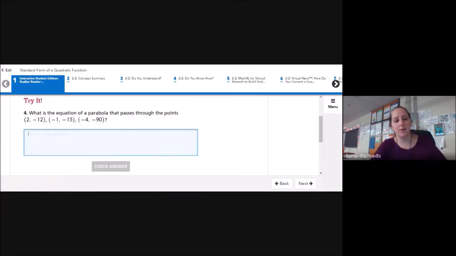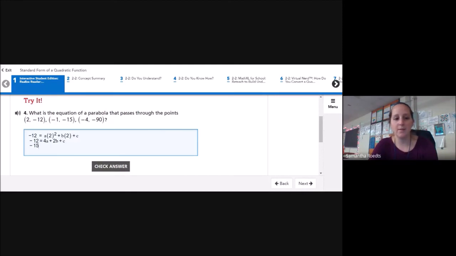So I'm going to do the same thing for this. So I substitute them in. 12 equals a times 2 squared plus b times 2 plus c, which is negative 12 equals 4a plus 2b plus c.